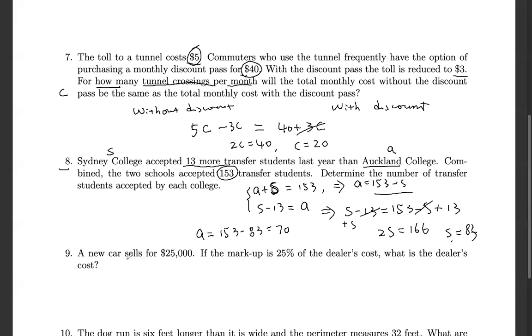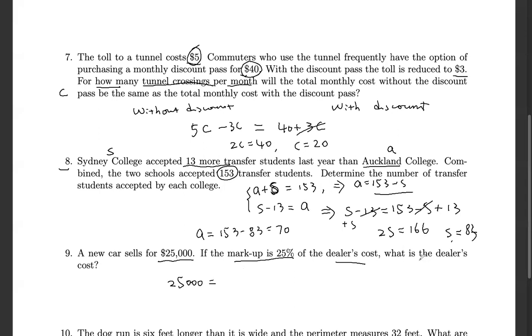Let's see C. A new car sells for $25,000. If the markup is 25% of the dealer's cost, what is the dealer's cost? So he sells for this much. 25,000 is the price being marked up already.